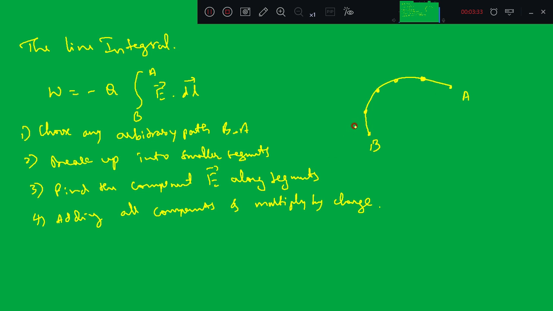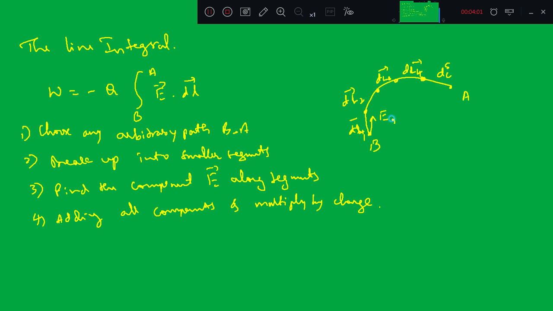So I will call this dl1 vector, this is dl2 vector, dl3, dl4, then this is dl5. Okay, so these are the smaller length segments. Then at each point we need to find the E component.